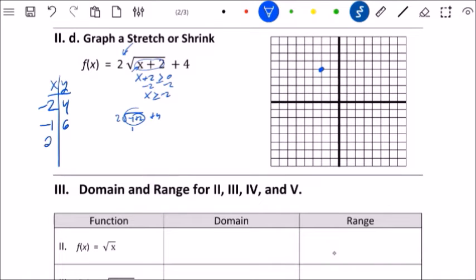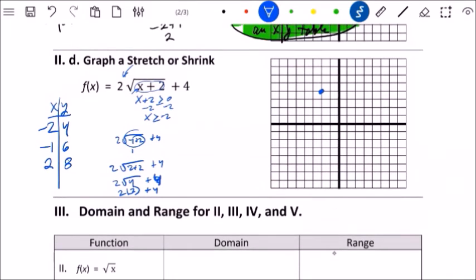So my next one looks like it should be a 2, because it'll give me 2 plus 2 plus 4, lots of 2's here. Square root of 4 plus 2. So that's a 2 here. 2 times 2 is 4. Oops, okay, keep putting 2 there. That's 4. 2 times 2 is 4 plus 4. Now we get an 8. Those are enough to graph.